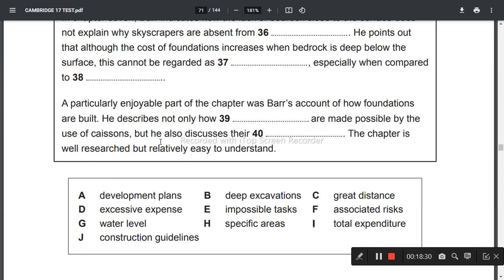A particularly enjoyable part of the chapter was Barr's account of how foundations are built.